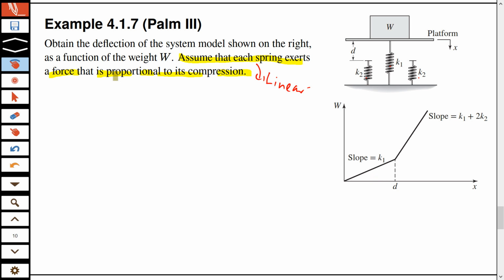Now you need to obtain the deflection यहाँ पे x है, of the system model shown on the right as a function of w. ठीक है? So you need to express x as some function of w. This is the task. Now how do we do that?